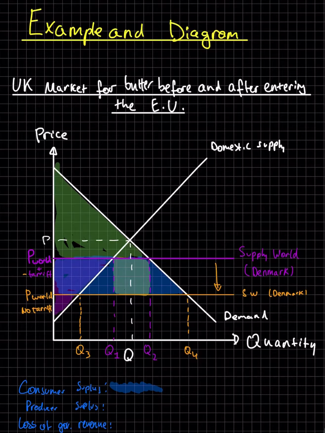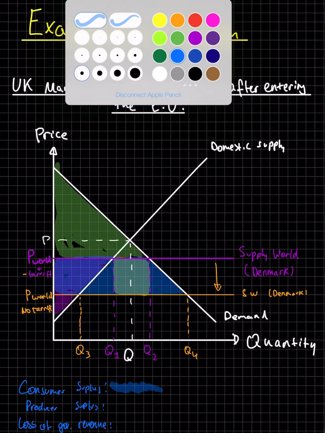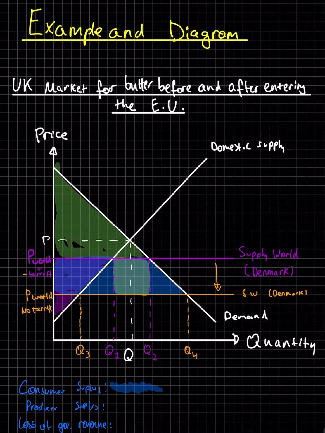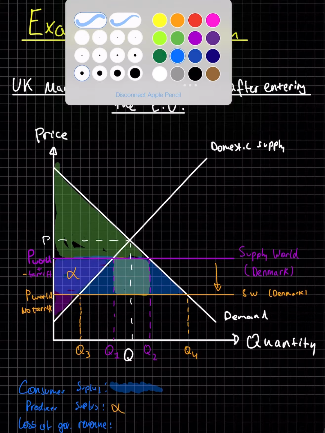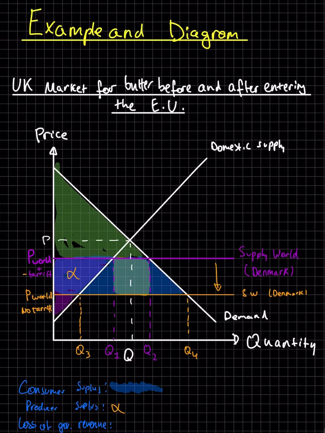Producer surplus has dropped by this whole area here, which I'm just going to letter at this point. I'm going to call this area alpha. And government revenue, as we were saying, has been lost by the area, and we're going to call it, let's say, delta. That's the loss in government revenue.